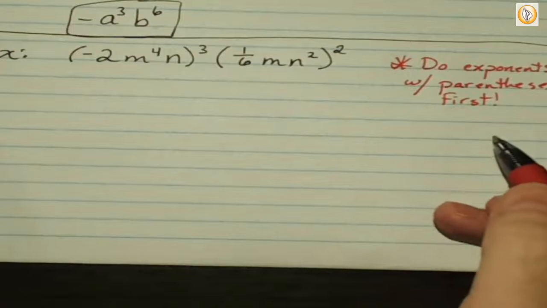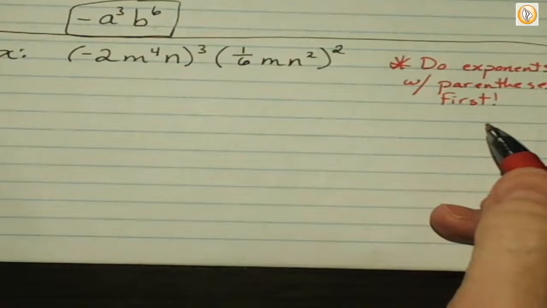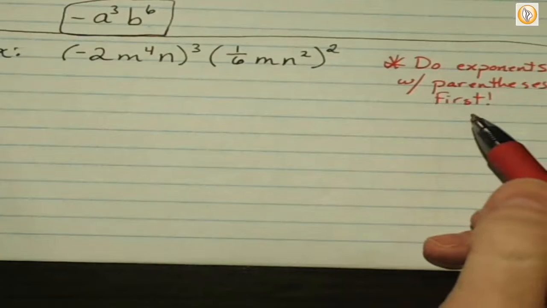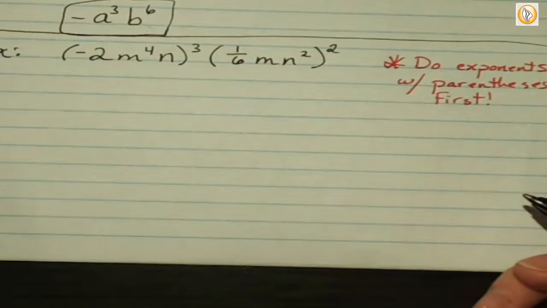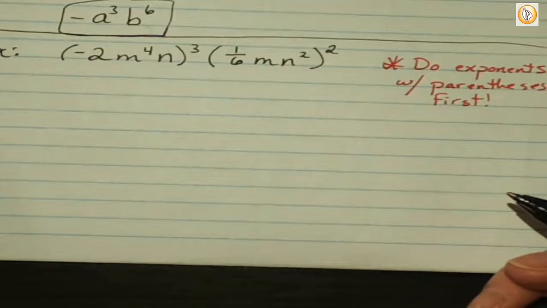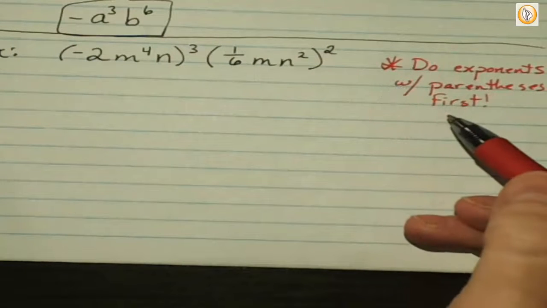There's a star, exclamation mark. Do exponents with parentheses first. Y'all have that down?